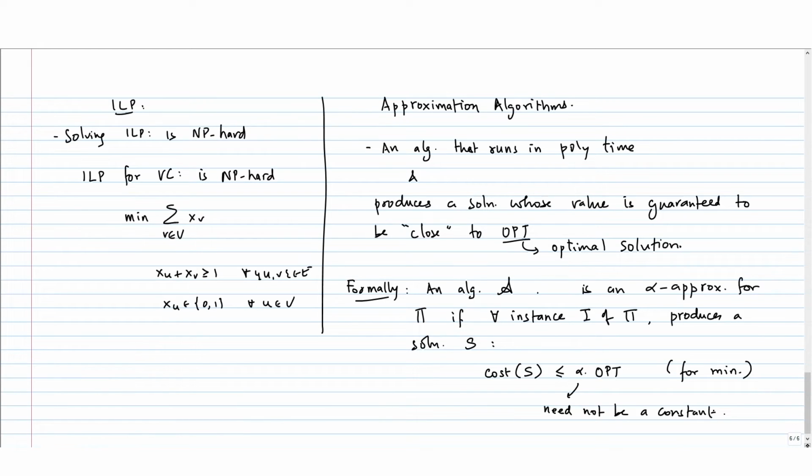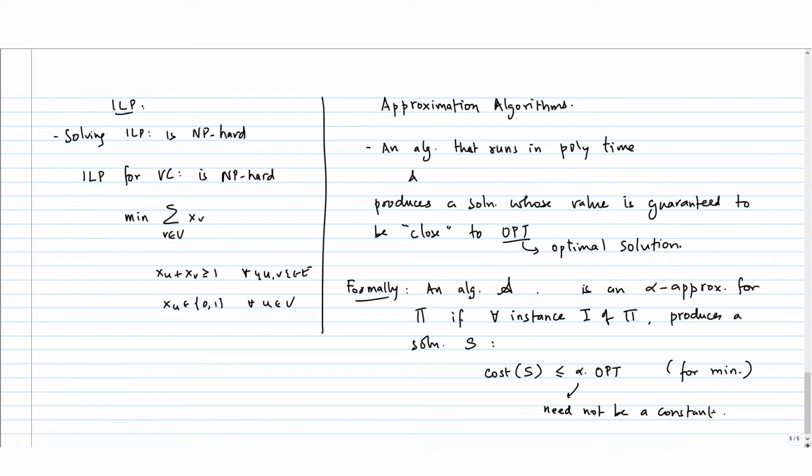Okay. So this quantity alpha need not be a constant. It could be a function of n. Let us think of just a minimization problem. We want alpha to be as small as possible, as close to 1 as possible, right. Vertex cover is a minimization problem. We want to pick the smallest number of vertices possible, so that for every edge one of the 2 endpoints is in our set.